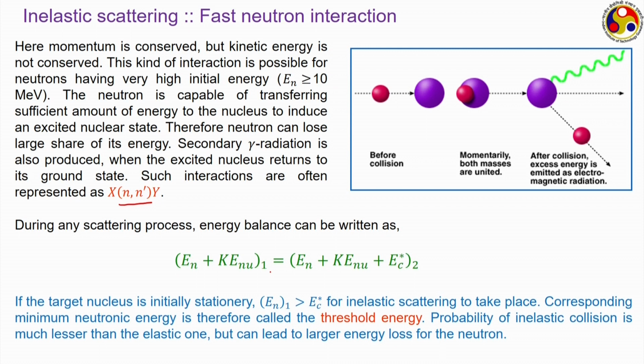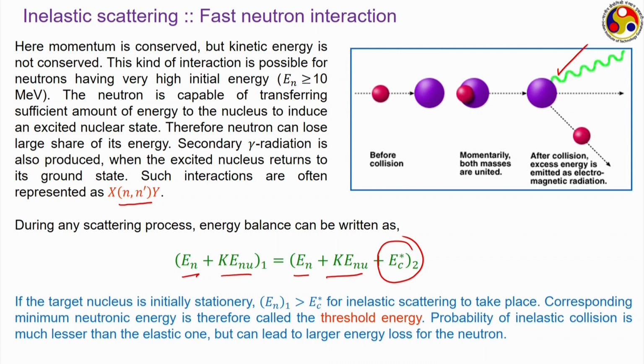So, before collision the total energy available is the energy of the neutron, which is here, and the kinetic energy of the nucleus, if anything at all is available, whereas the total energy available after the interaction is again the kinetic energy of the neutron and the nucleus, plus some amount of energy which may get released during the process, sometimes called excitation energy. When we have an elastic scattering, there is no energy release, and both momentum and kinetic energy are perfectly conserved. But in inelastic scattering, while momentum is conserved, kinetic energy is not conserved, because we may have this amount of energy emission, that is, we may have a non-zero value of this E c star.